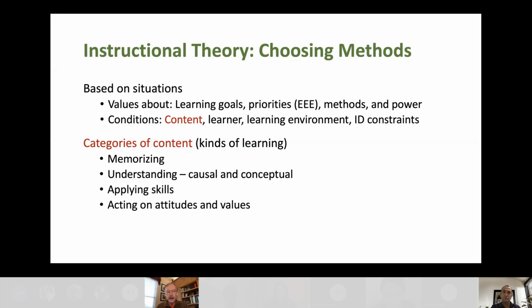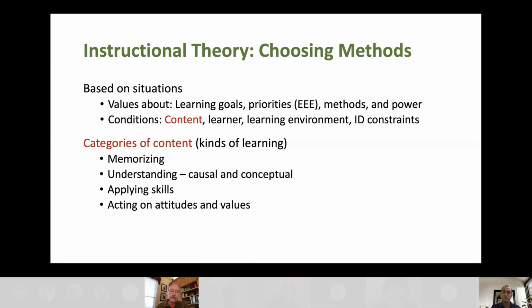There are 4 major kinds of learning or categories of content that have, in my view, the biggest impact on selecting methods of instruction. When you're helping students to memorize information, you use very different instructional strategies from helping them to understand things, understand causal models or conceptual models.